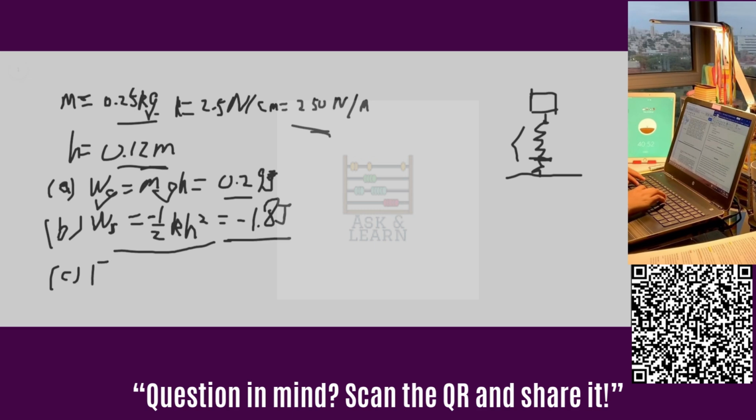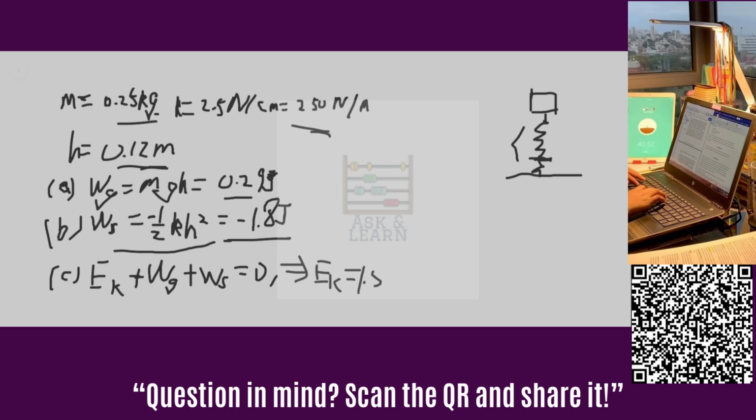So to find out this initial kinetic energy, we can use Ek, the initial kinetic energy, plus Wg, which is the work done by the gravitational force, and plus the work done by the spring equal to 0.